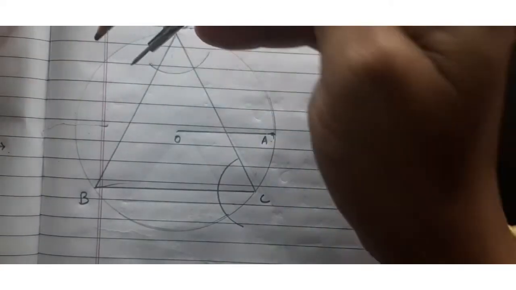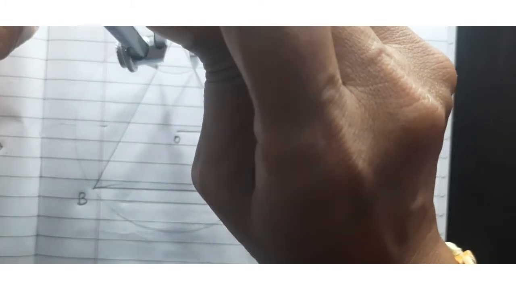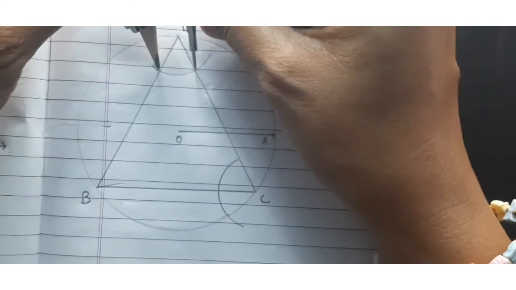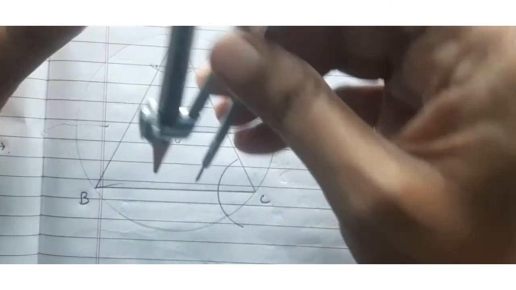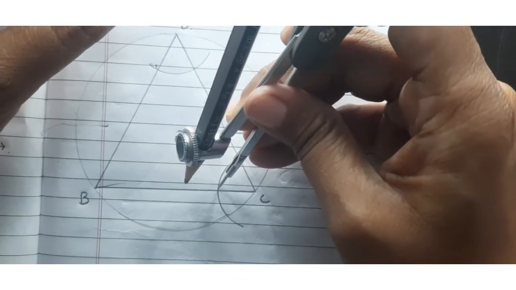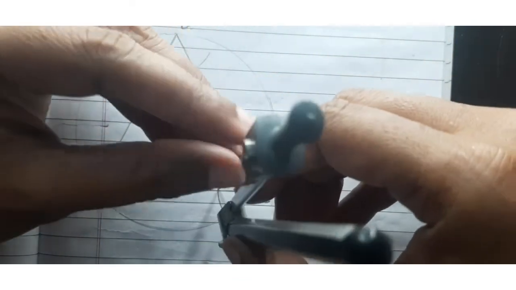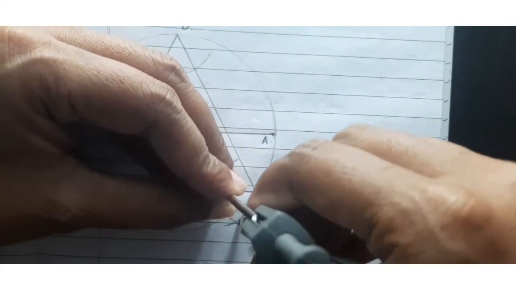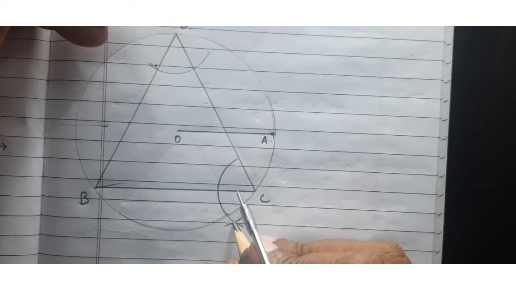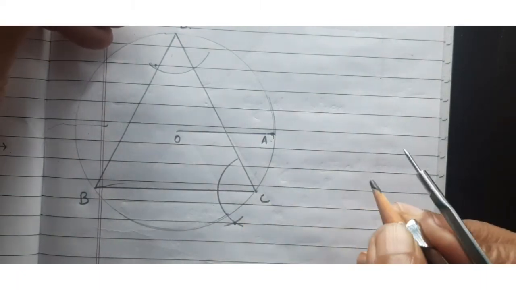Now I have to measure the distance between these two, and keep the pointer wherever the arc is intersecting BC and draw the arc which is intersecting the previous arc. You will get a point over there. That point and C you have to join.